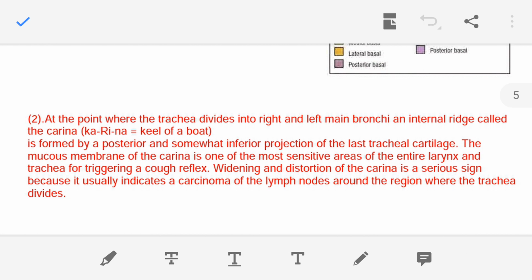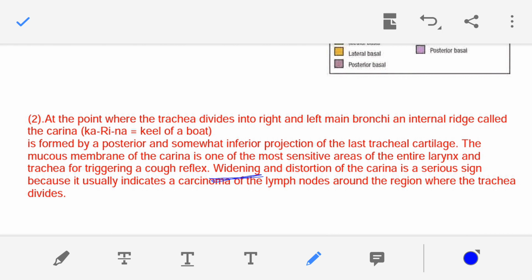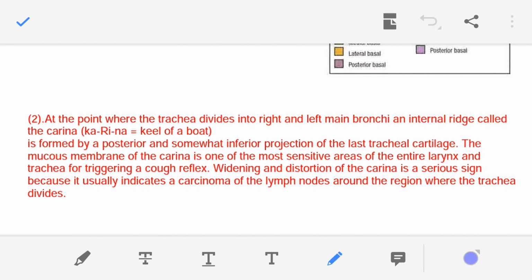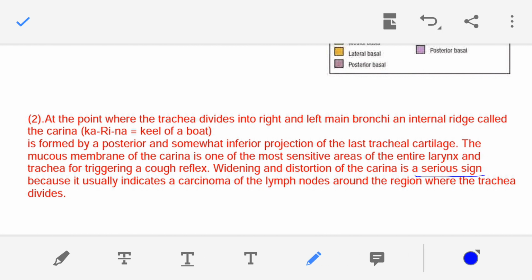Now if in a patient's body the carina has widened or distorted, meaning the original shape of the carina has changed, then it is a serious sign, indicating that there is a carcinoma of the lymph node.